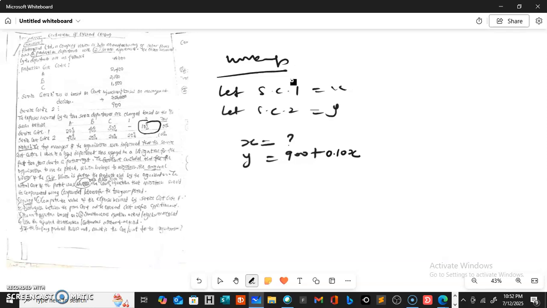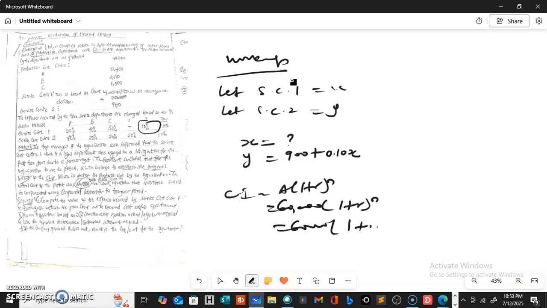We don't know X yet, and in the question, we are told to compound. The compound interest amount is the initial amount multiplied by 1 plus r raised to the power n. The initial amount was 60,000 naira, and the rate is 10%, so 60,000 times 1 plus 0.1 raised to the power 2.